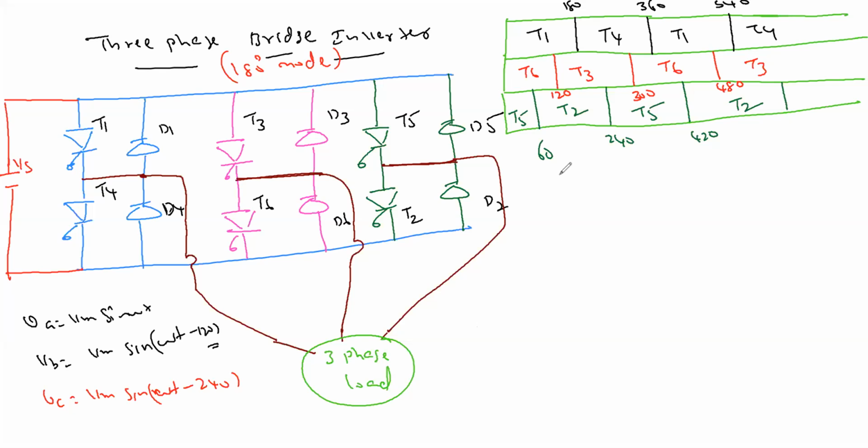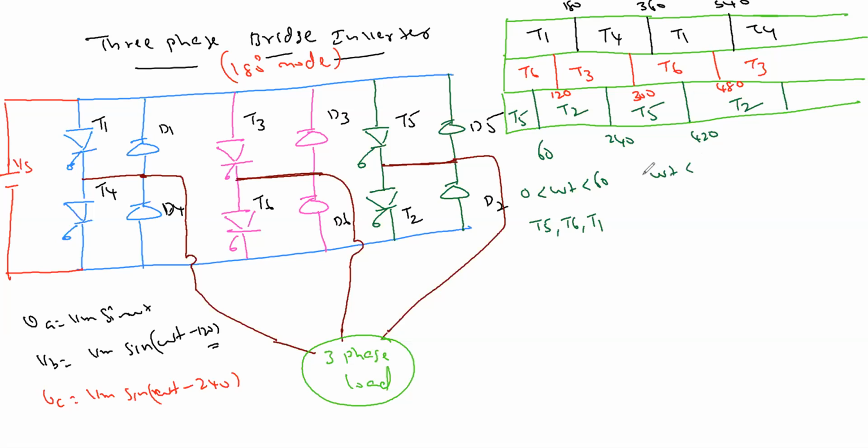We have got it now. Up to 60, 120, 180. Every 60 the conduction is changing. Can you tell me who are all conducting here? Omega t is between 0 to 60. Who is conducting here now? 5, 6, 1. Do you agree with me? T5, T6, T1 should conduct.